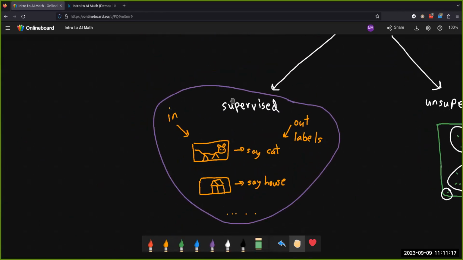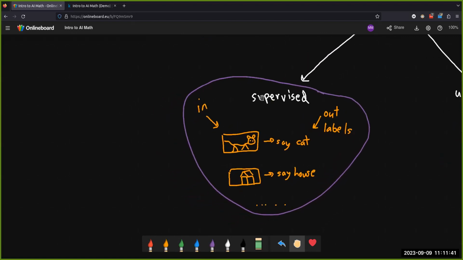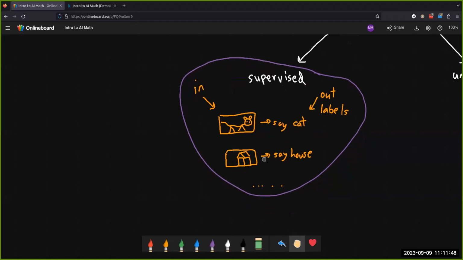So supervised is the kind of AI algorithm where we show the algorithm lots of examples of some input data and give it some output labels. So, this is a cat, this is a house, etc. We try and let it figure out how to recognize, okay, images like this look like a cat and images like this look like a house. It's not yet a function. We're now going to get to define the kinds of functions we need to create these algorithms.